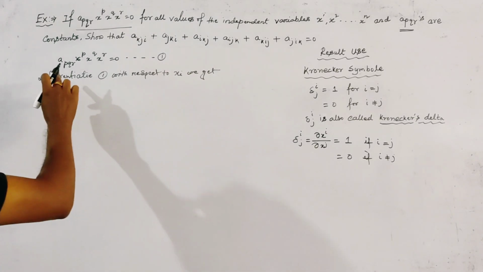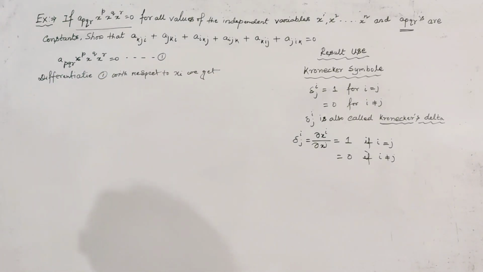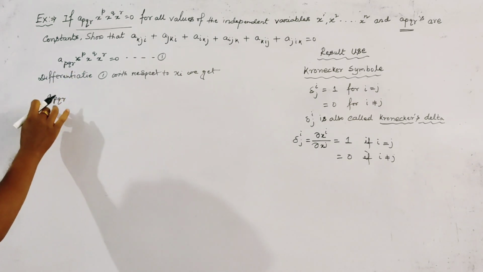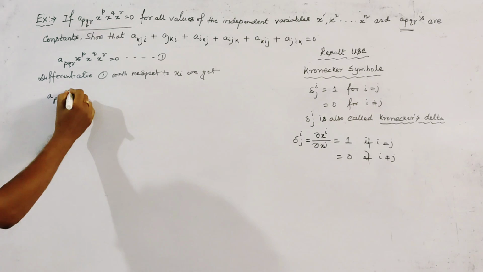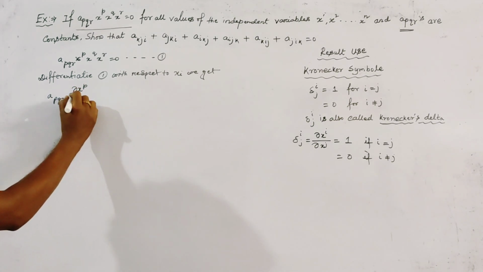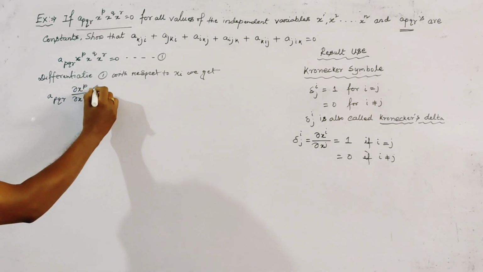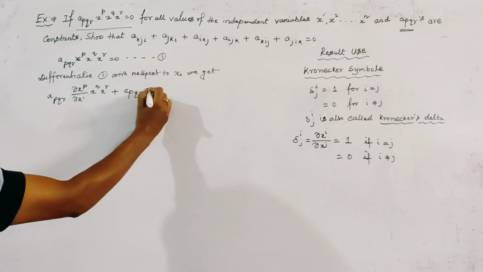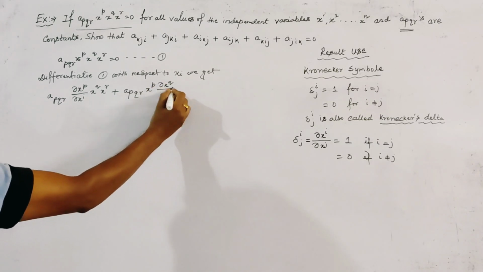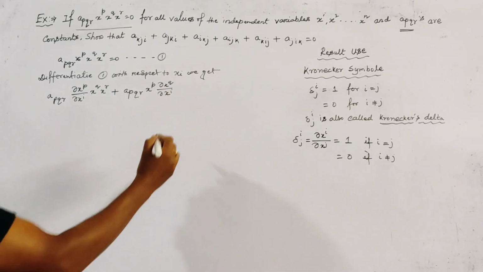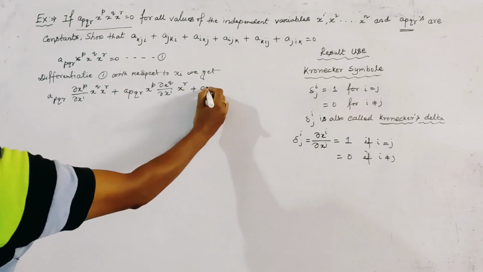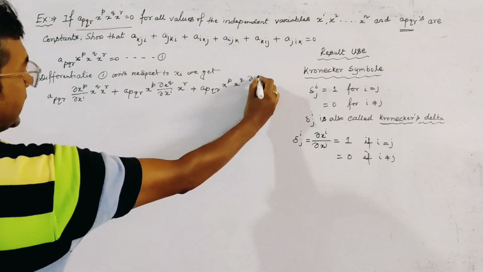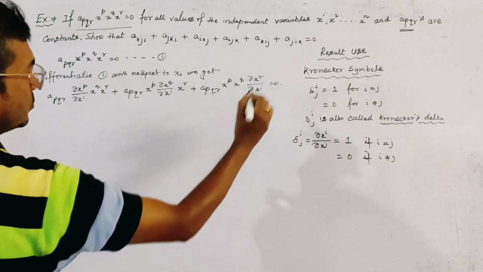We differentiate this relation with respect to xi and get the result: a^{PQR}, because this is constant, as it is given, times del xp by del xi, xq, xr, plus a^{PQR} xp times del xq by del xi, with xr fixed, plus a^{PQR} xp xq times del xr by del xi, equal to 0.